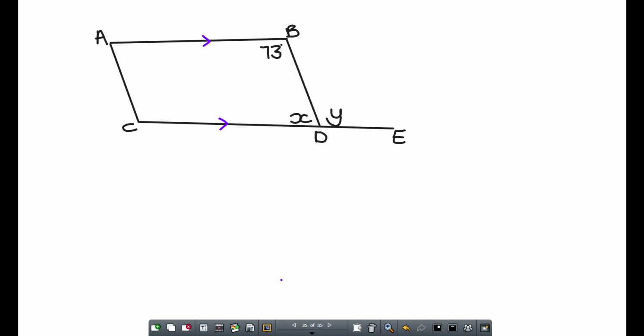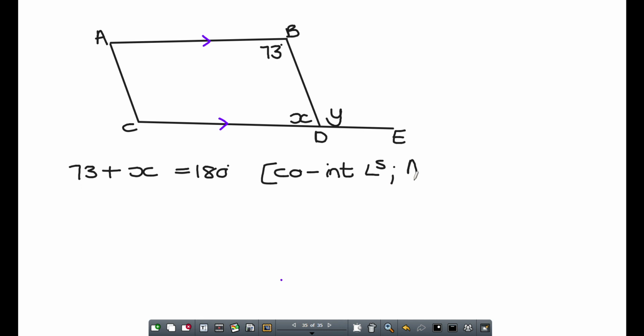What do you guys see? A U. Okay, have a look. Do you guys see that U? Okay, which means that 73 plus x will be equal to 180 degrees. Why? Because it was co-interior angles.